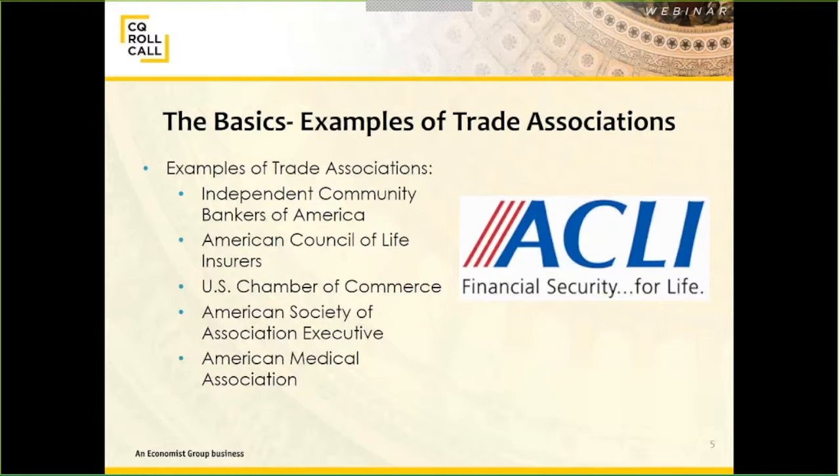I imagine, Josh, that trade associations run the gamut of all sorts of sizes, from the very large to the small. Certainly, you have very small ones with limited resources. I've talked on previous webinar series about the membership type of association, which is a little bit different than a trade association.